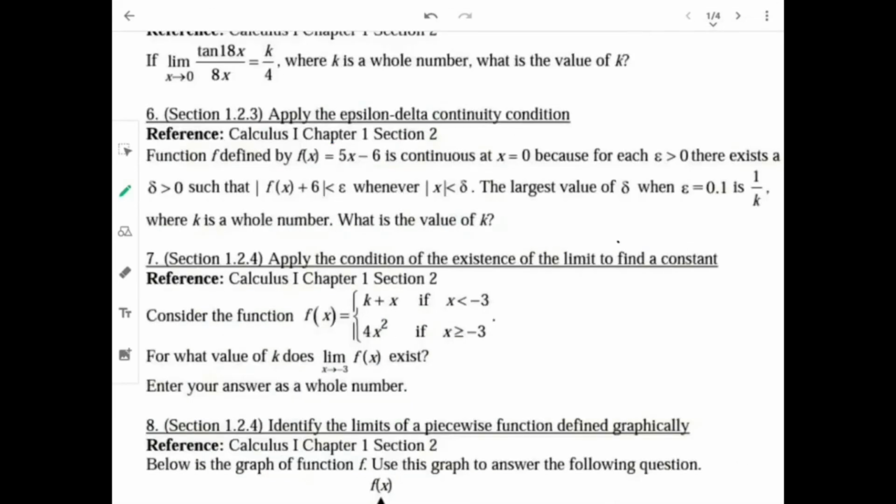So for number 7, when you have these types of questions, without even looking at what they ask you to find, you immediately find out what's happening in between at the junction. So the junction is when x is equal to -3. So when k + x at -3 from the left, it's k - 3.